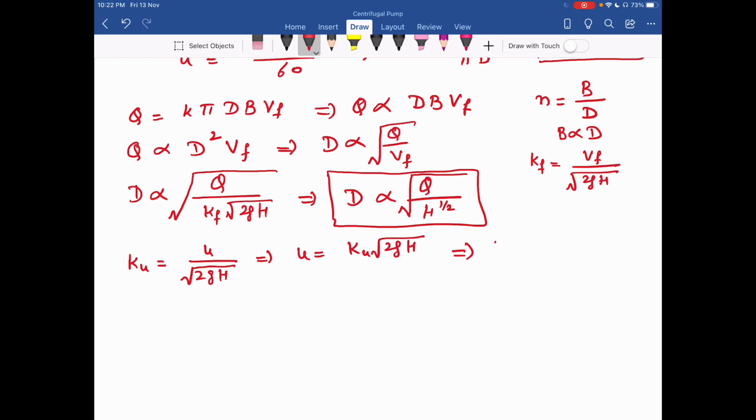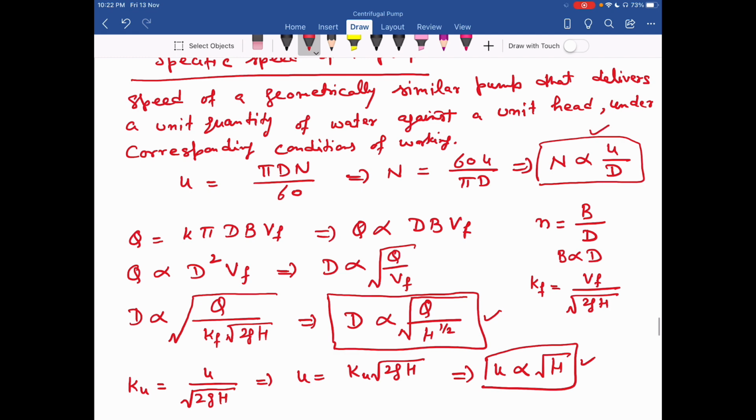Ku is constant and 2g is constant, so U is proportional to the square root of H. Now I put these two values of D and U into the formula of N.